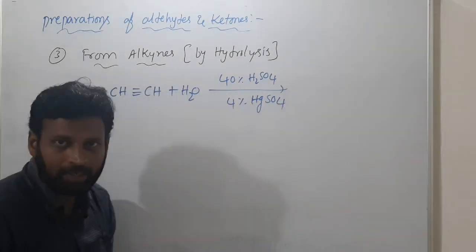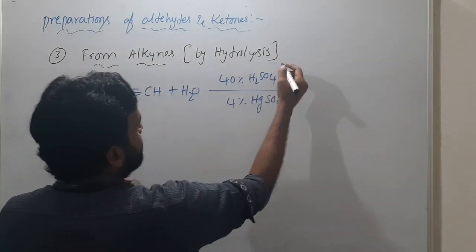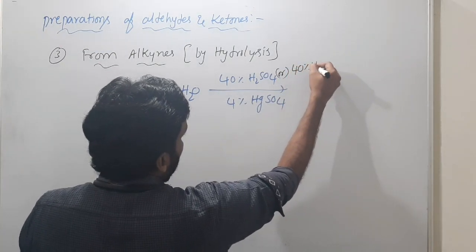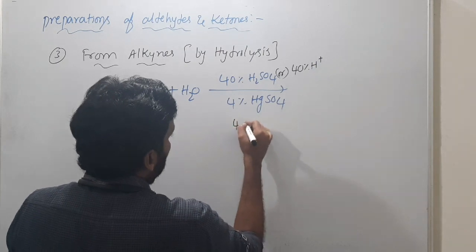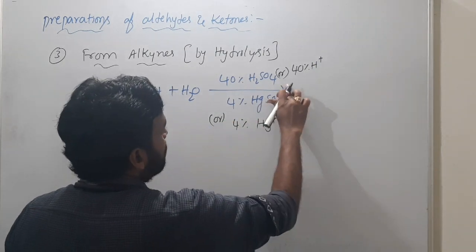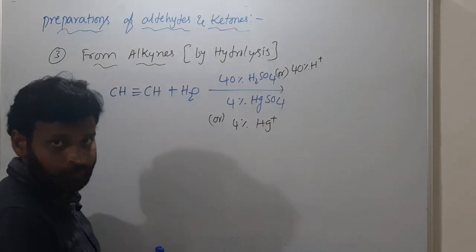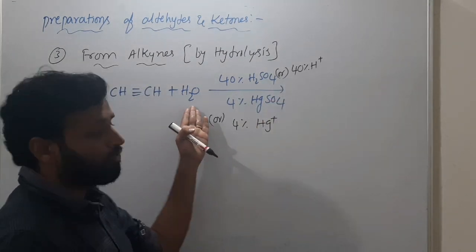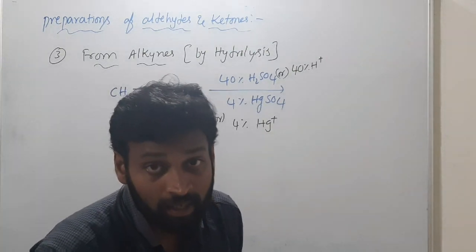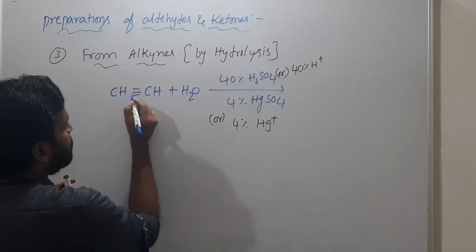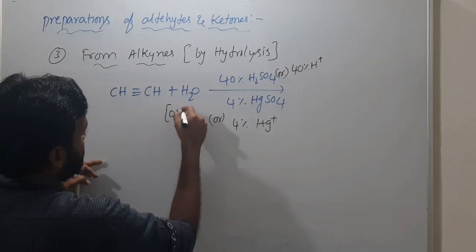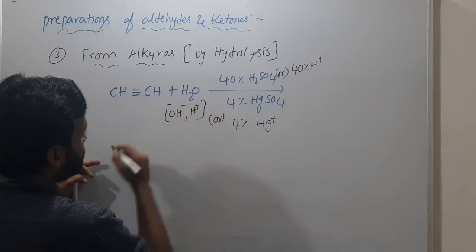Very simple and important. 40% like that also they will give on arrow. 40% H plus and 4% Hg plus, like this also they will give on arrow. But simple, addition of water by Markovnikov rule. So that means water means what here? OH minus and H plus.